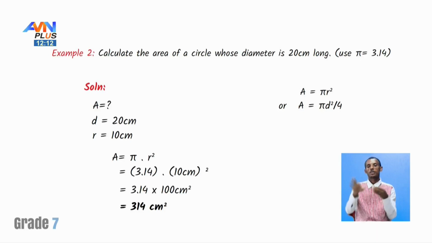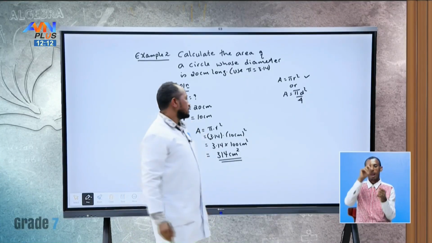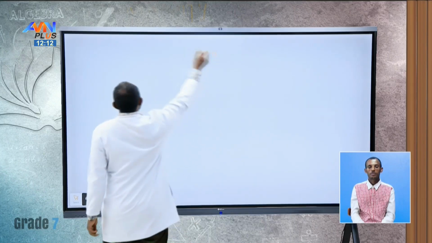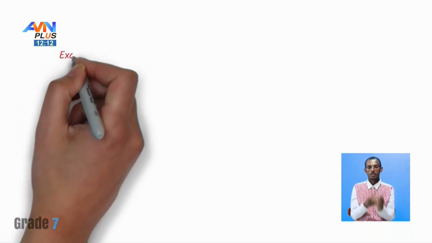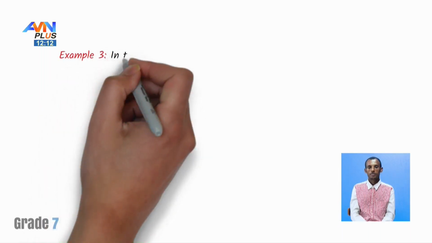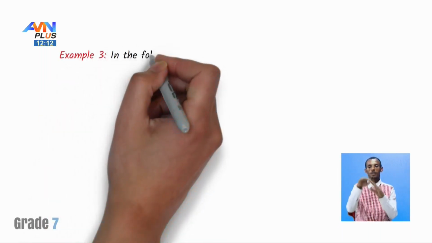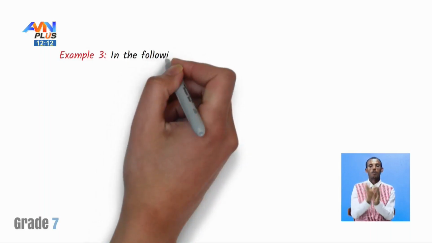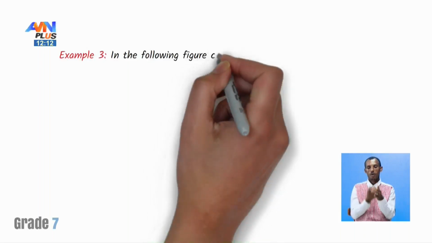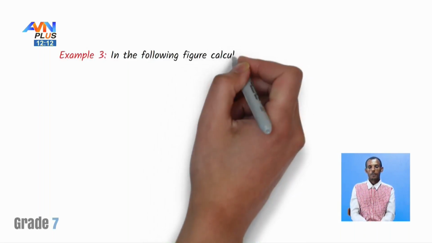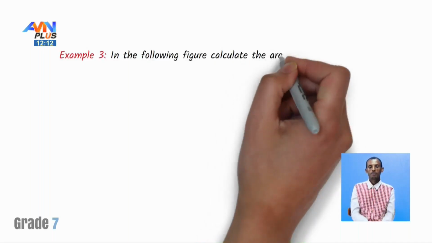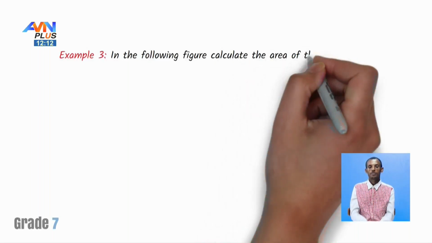Now, let's see one last example. Example 3. In the following figure, calculate the area of the shaded region.